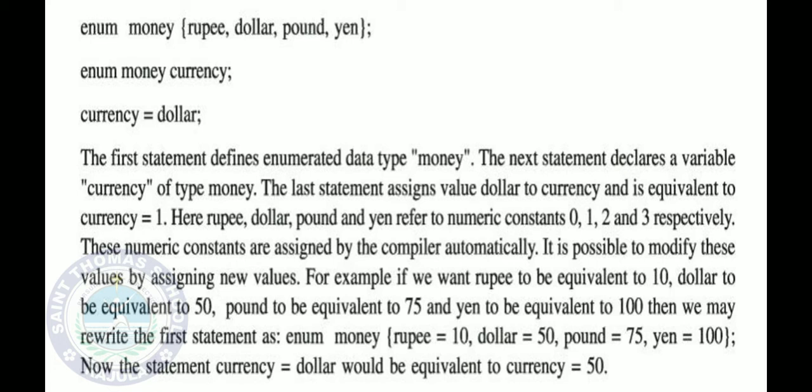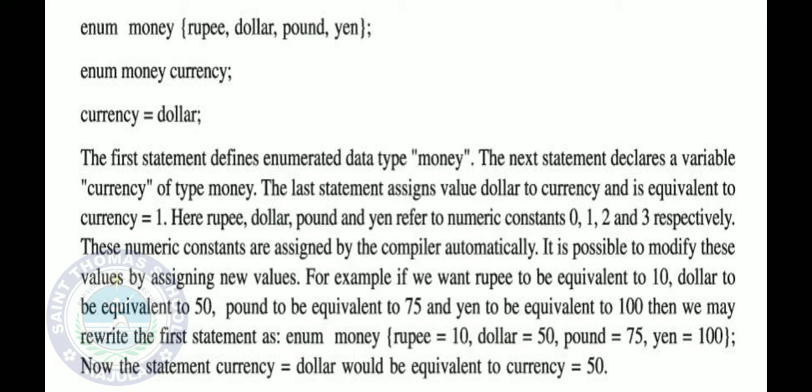Now it is possible to modify these values by assigning new values. So here by default the values stored are 0, 1, 2 and 3. If you want to change them, then you have to assign new values.